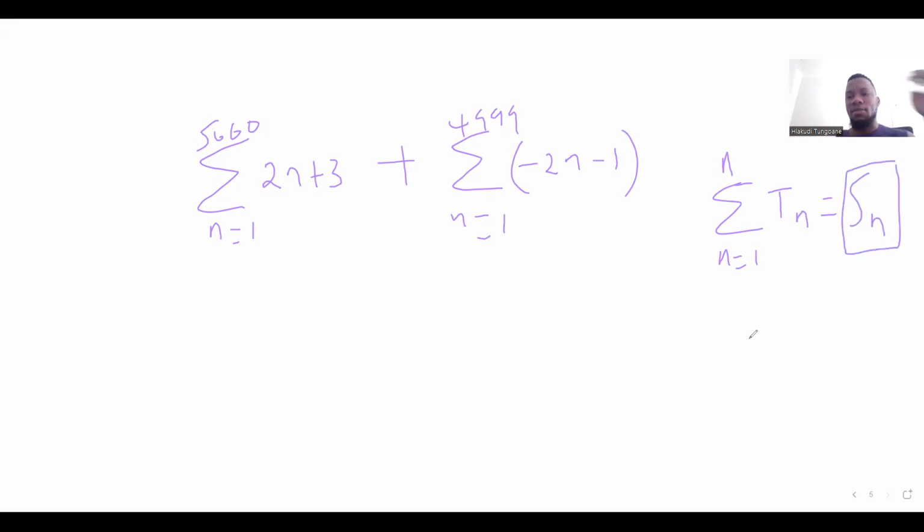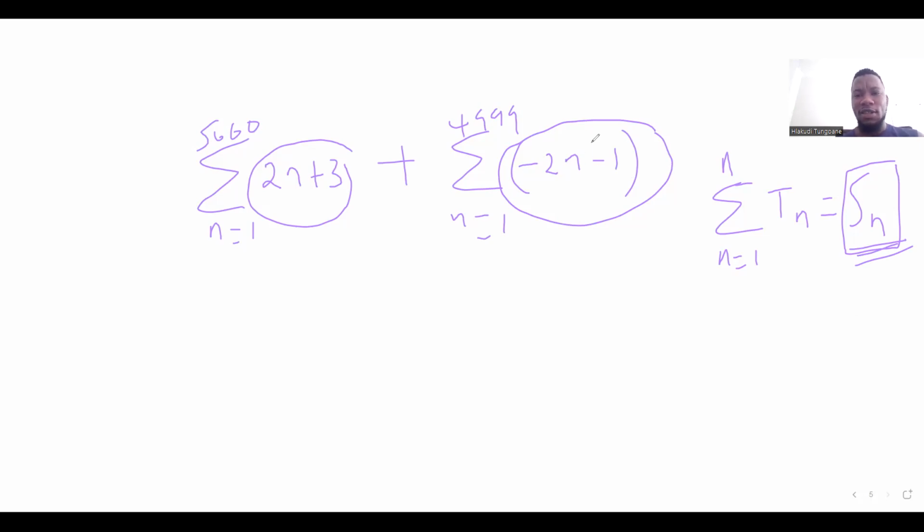This is exactly the same thing. So if you think about this, if we can write these in the form of Tn, then we can use the Sn formula, right? So we can try to write these as Tn formula for an arithmetic sequence.